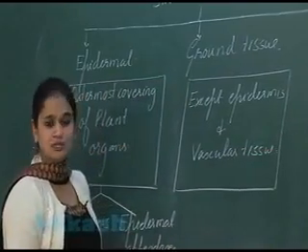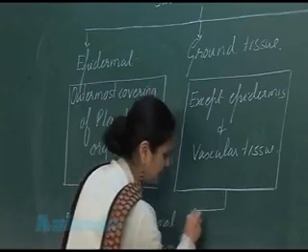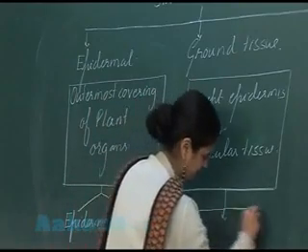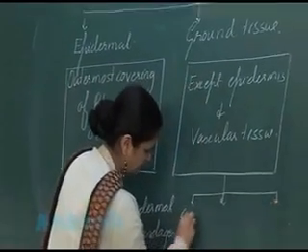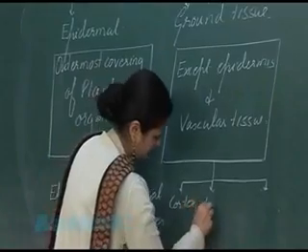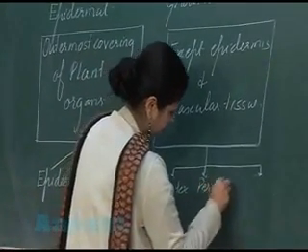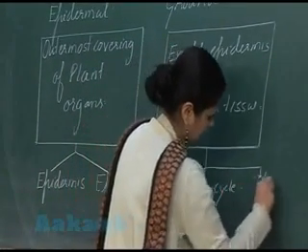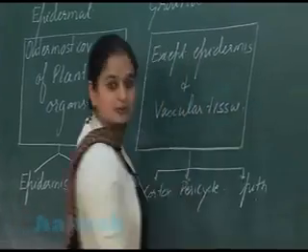Now the ground tissue consists of three parts, that is cortex, pericycle and pith.